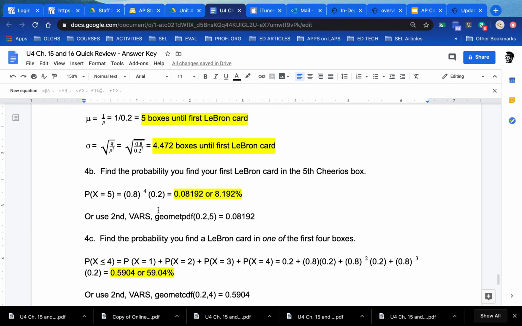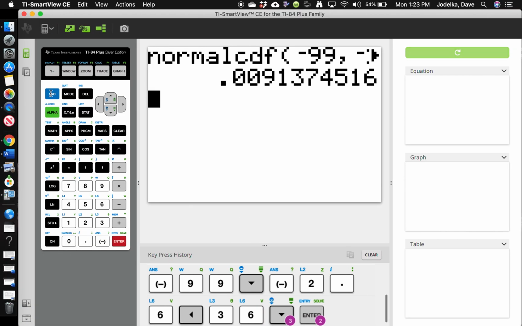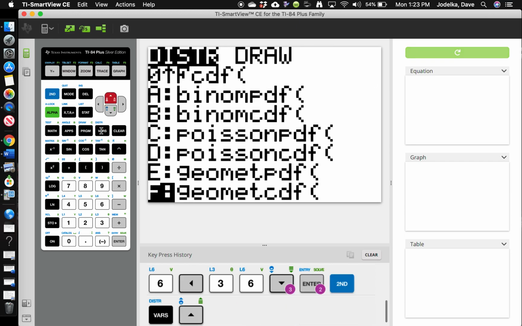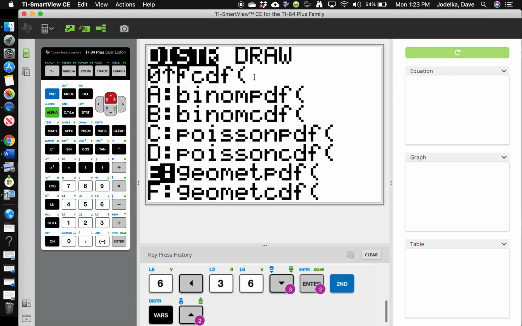If you're more comfortable, though, you could use 2nd Vars and geometric PDF. Again, 2nd Vars is where we find a lot of things in these later units. If you hit up, that's the quickest way to get to these. PDF is always for a specific, distinct amount. CDF, in both of these cases, is what's called cumulative.